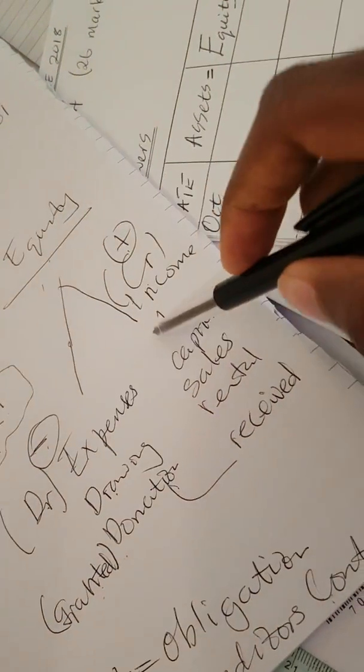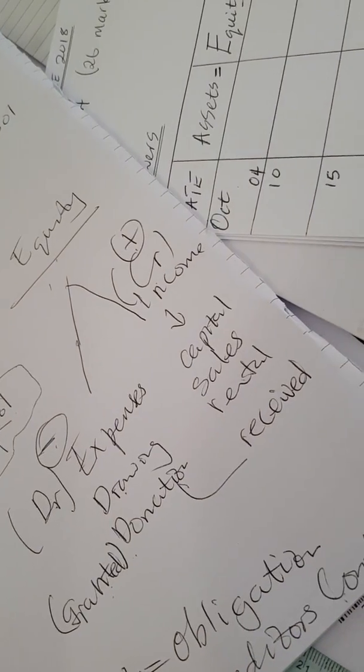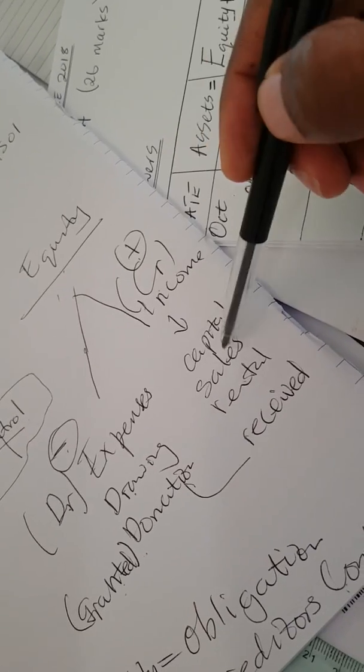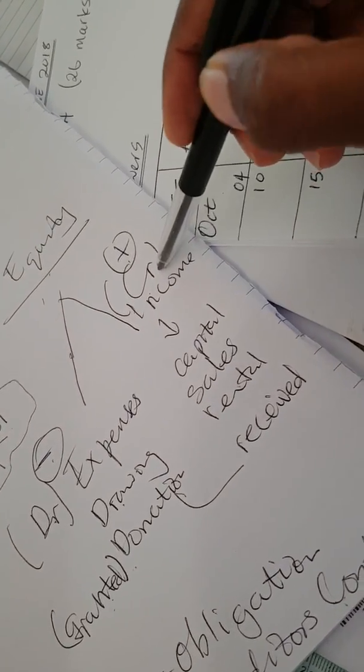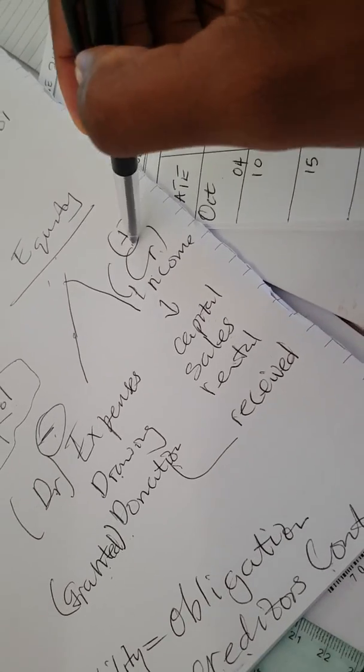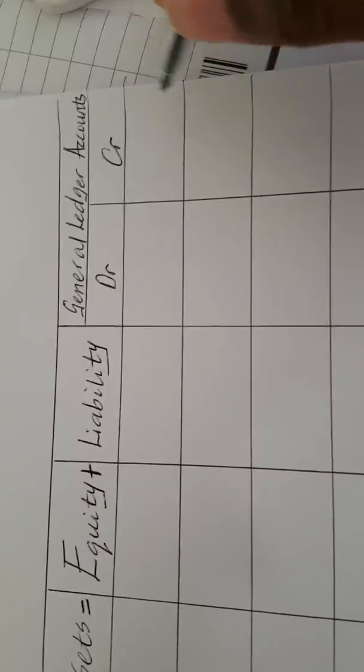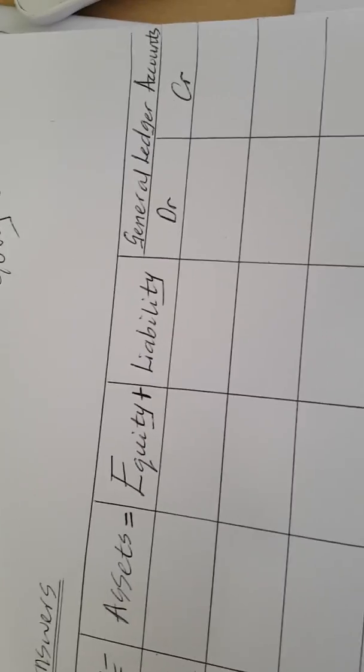And remember, a sales account is an example of income. Since it's an example of income, it should always be credited because it increases the equity of the business. So I'm going to come here and say on the 4th, we have sales.